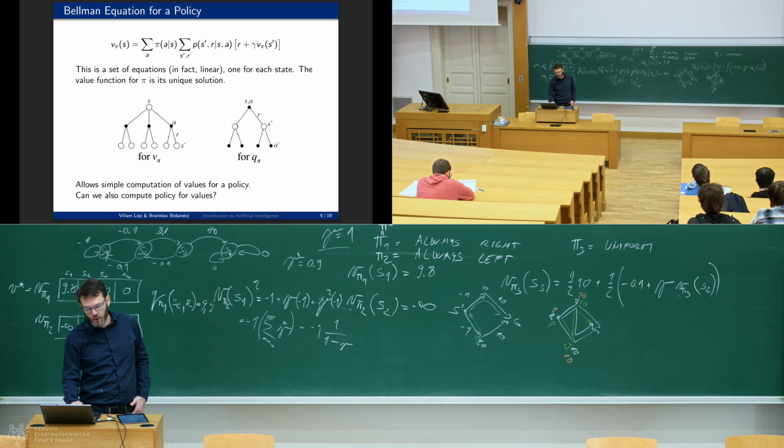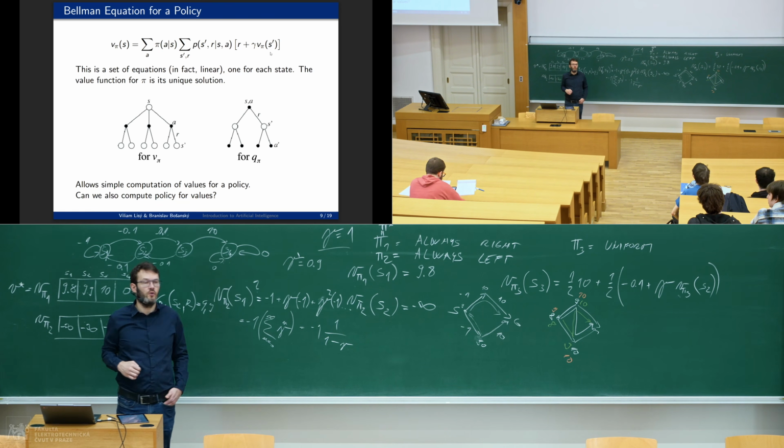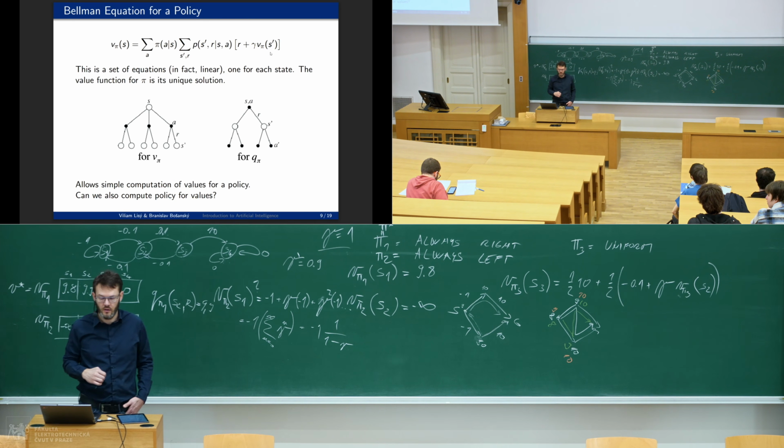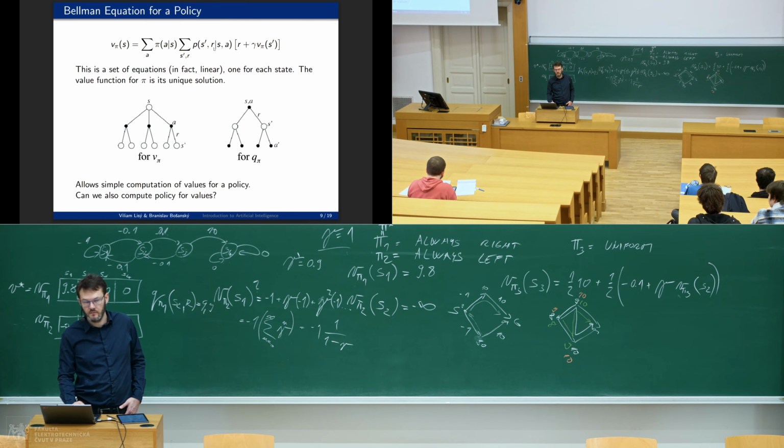And then you sum over all possible outcomes. And in each outcome, you will get the reward plus gamma times the value function in that state where you transition using that action. And these pictures just represent these formulas.